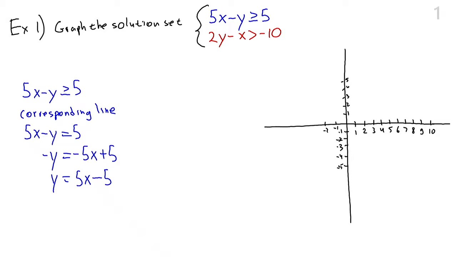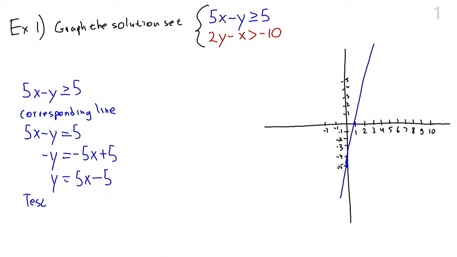The first line has a y-intercept at negative 5, and its slope is 5. So it steeply goes up like this, and it is a non-strict inequality, so the line is solid. Now we choose a test point to figure out which side to shade.